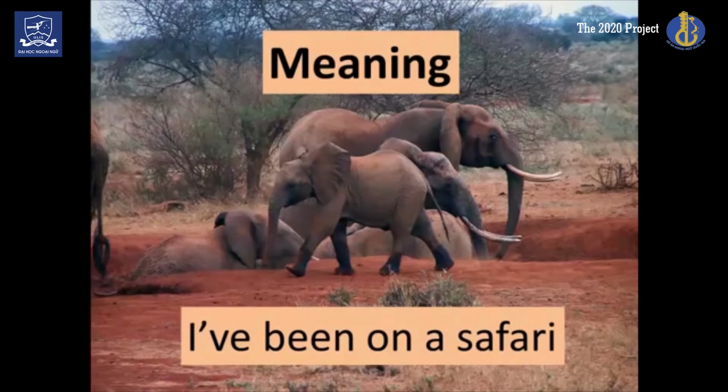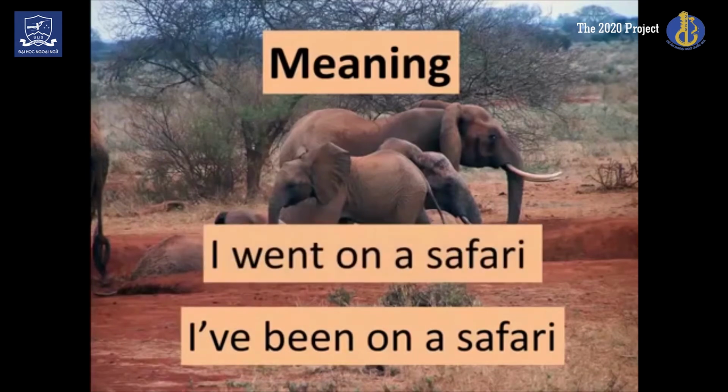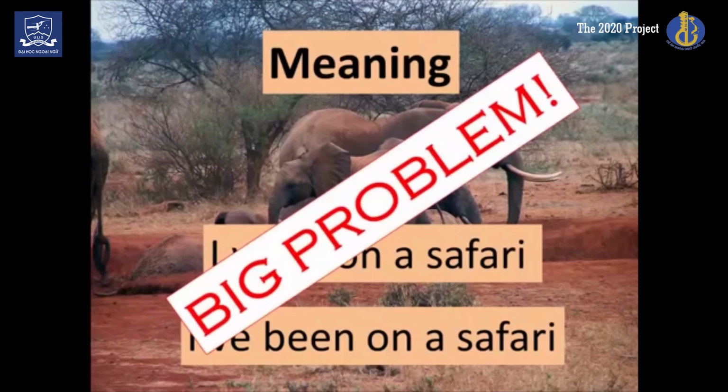This is tricky for learners because what they will find difficult is what's the difference between I've been on a safari and I went on a safari. Many languages do not differentiate between these two things, and this is a big problem conceptually. So here the meaning is a big problem. So before we were looking at question tags, meaning isn't a big problem there, the concept's easy.